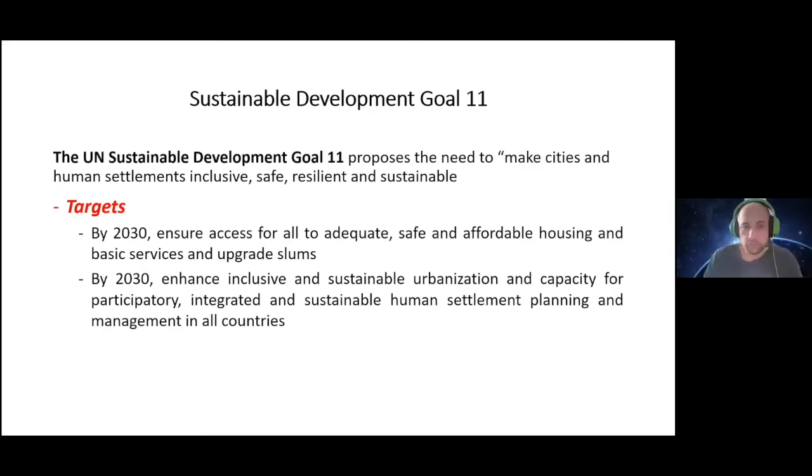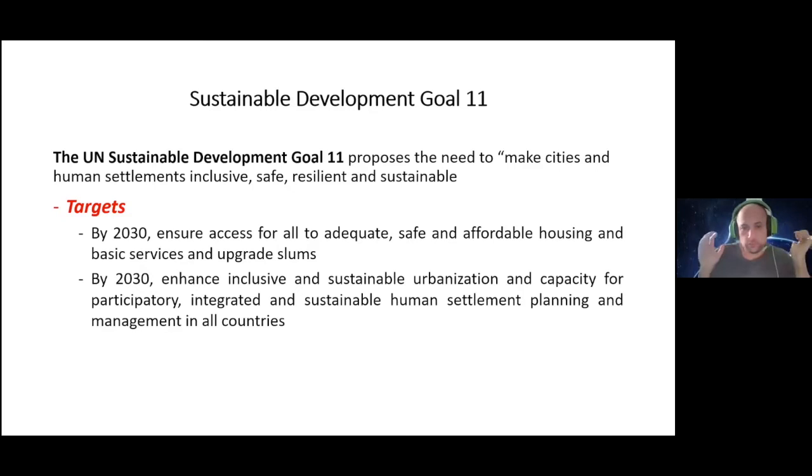So by the end of 2030, to ensure access for all to adequate, safe and affordable housing and basic services, upgrading the slums, and of course, enhancing inclusiveness, citizen participation, and sustainable urbanization.